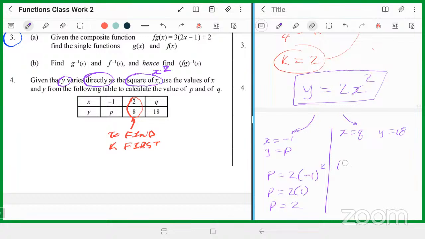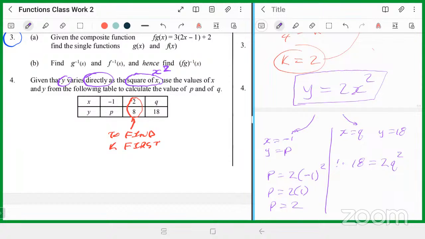Therefore, 18 is equal to 2 times X squared, which becomes Q squared. And that is what we're solving now to find Q.